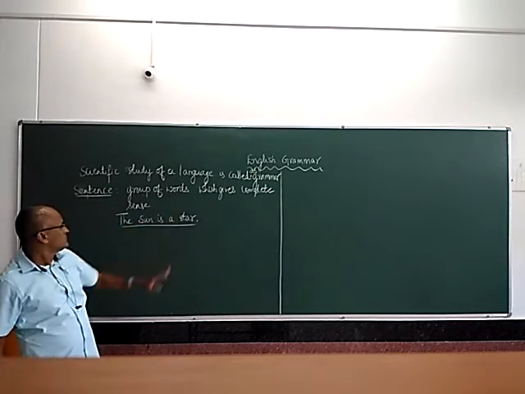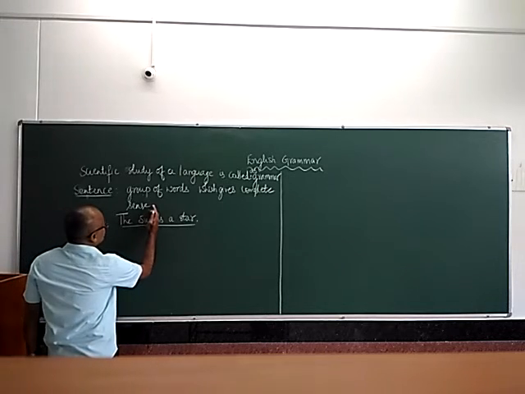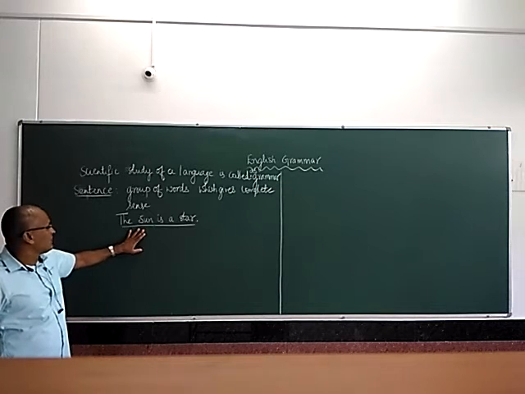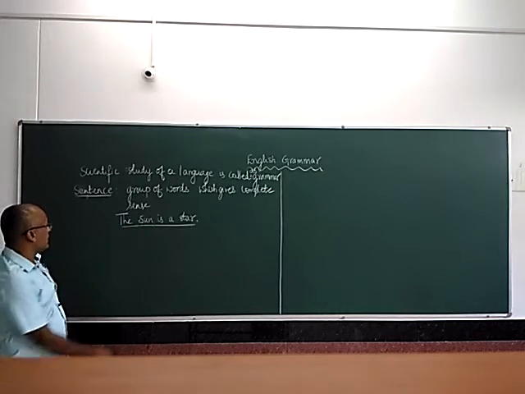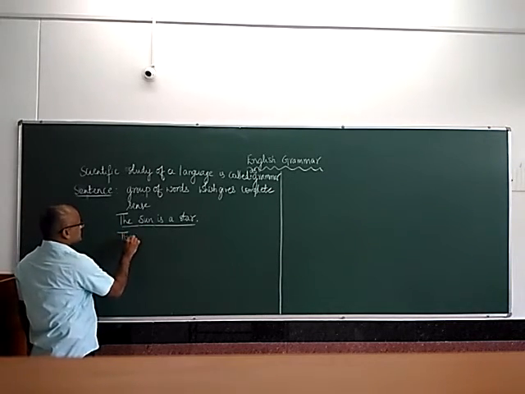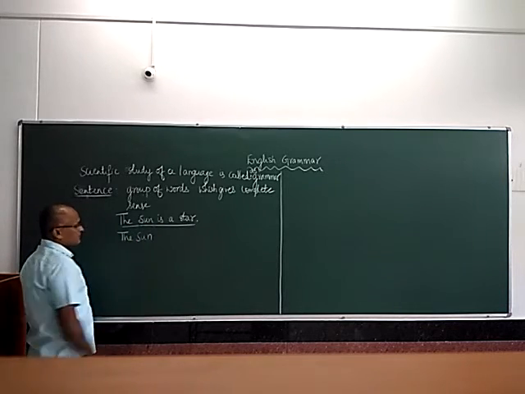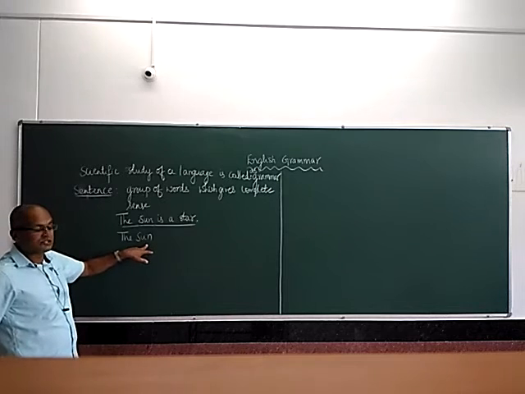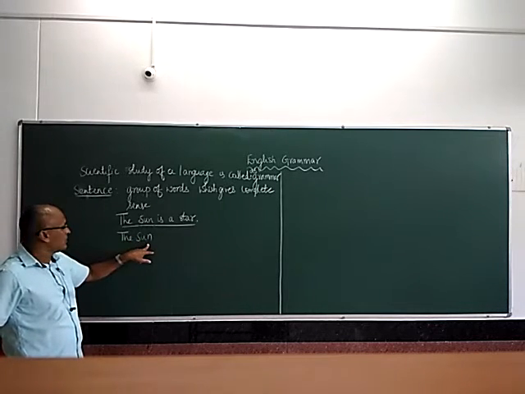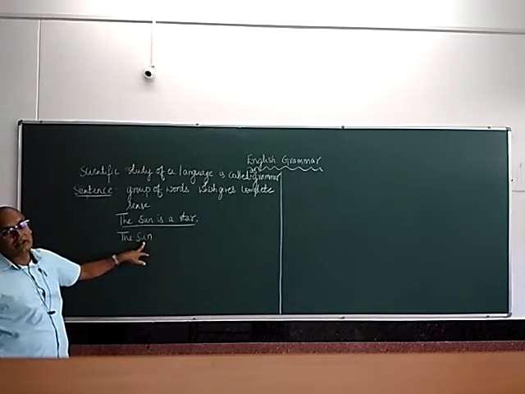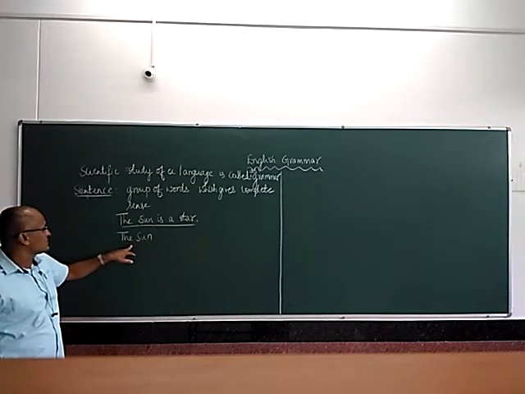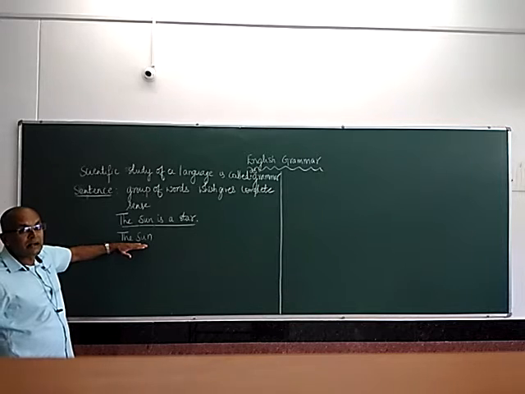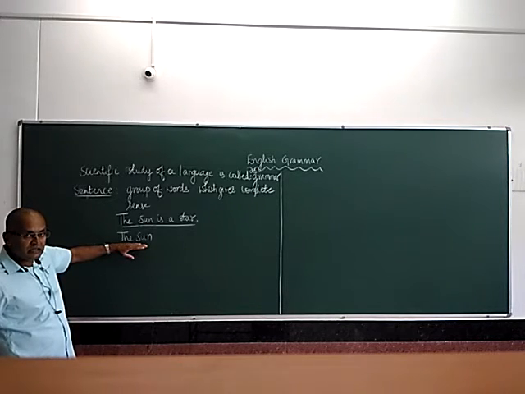Let us take only this much: the sun. It is also a group of words because there are 2 words. But it is not giving a complete sense, because when you read only this much, you don't understand completely. The sun, what do you mean by that?